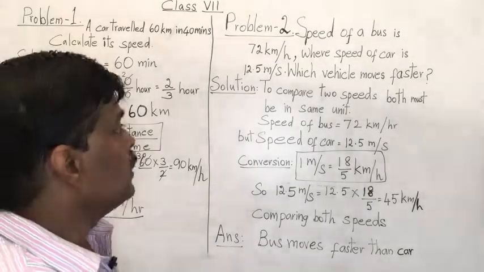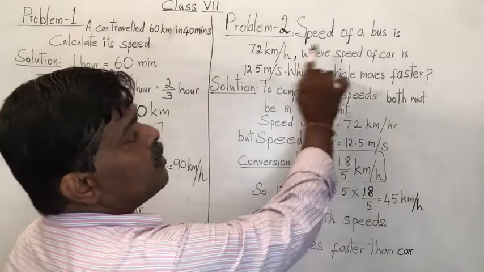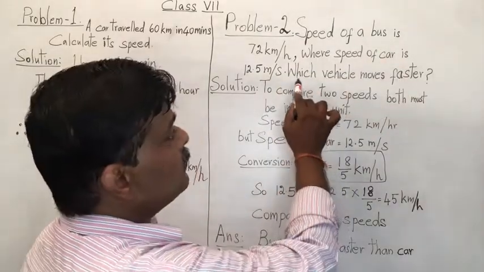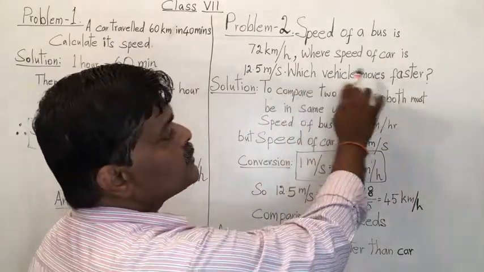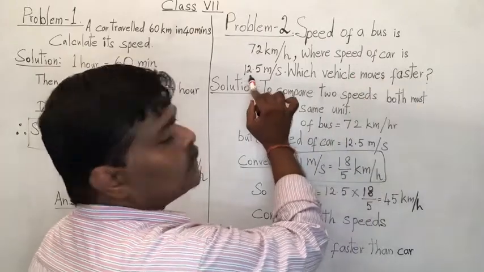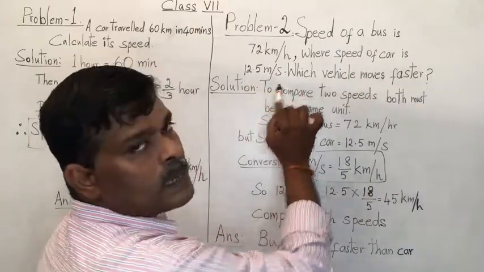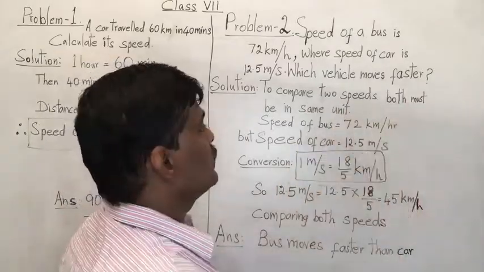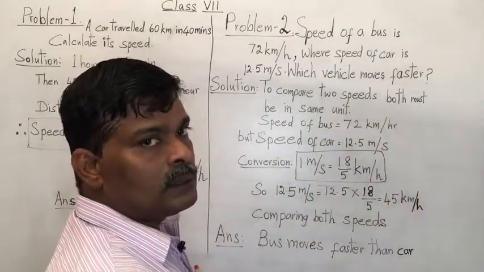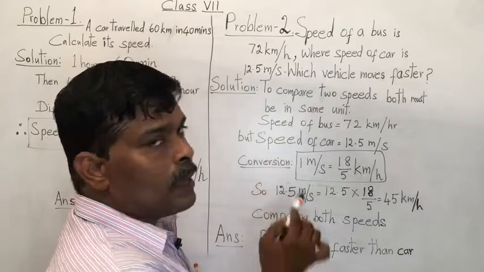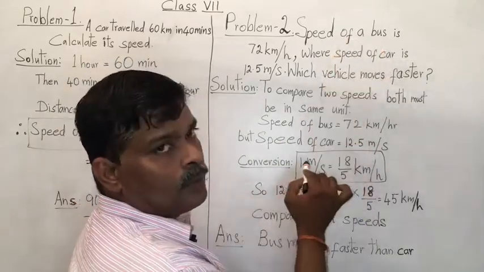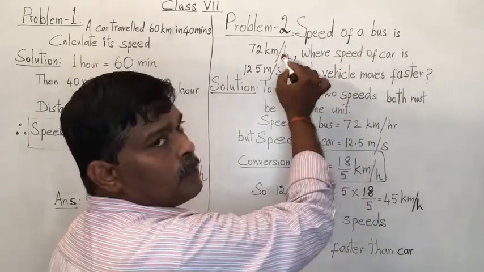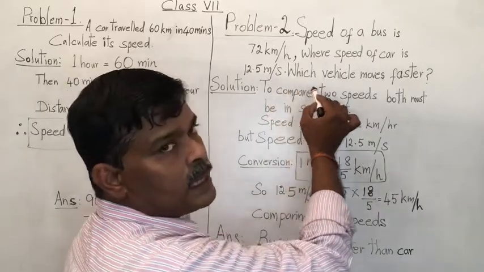Next, another problem. The speed of a bus is 72 kilometer per hour, whereas the speed of a car is 12.5 meter per second. Which vehicle moves faster? For the solution, to compare these two speeds, one is given in kilometer per hour and the other in meter per second.